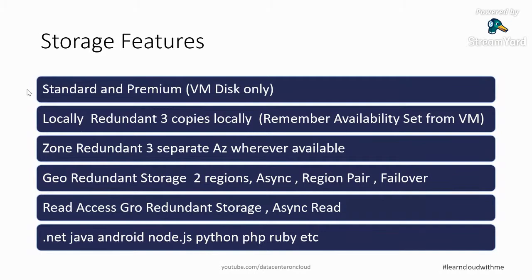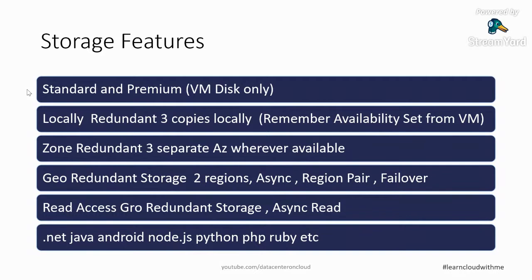Whatever data we write, it will automatically be written 3 times in that data center. And if you remember from yesterday, availability set, we talked about logical separation of physical hardware where our data will be stored.